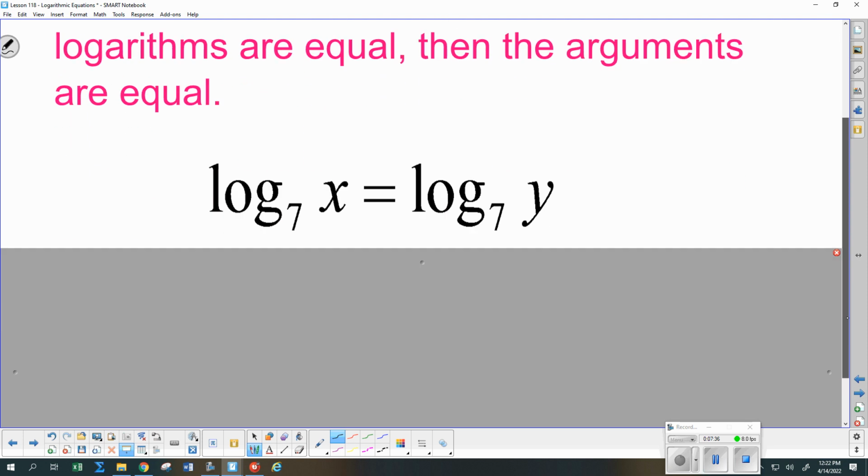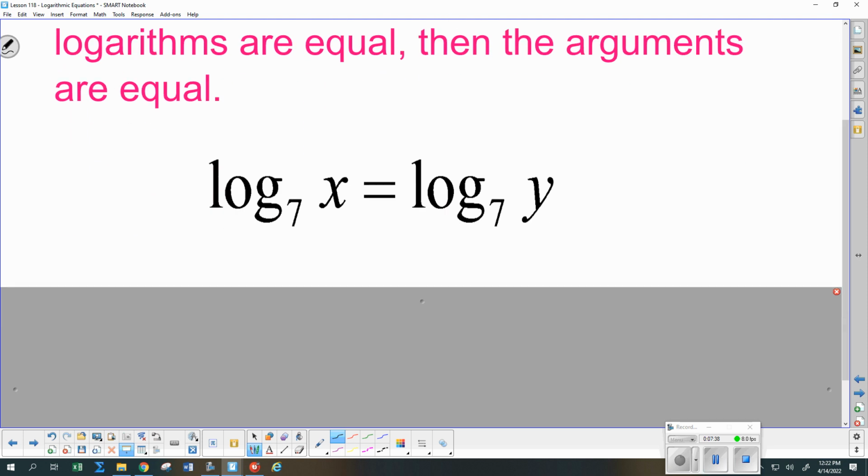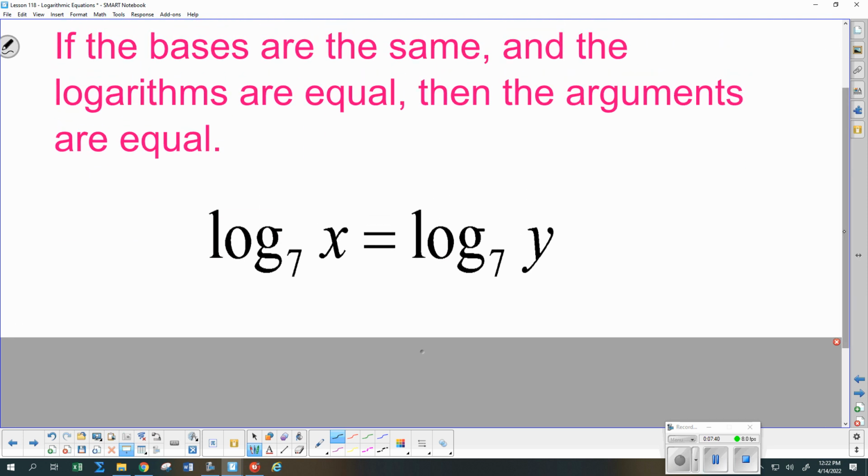So if I have something like this where it's log 7 of something equals log 7, once I get it like that, if the bases are the same, I can simply say that means the arguments have to be equal, x equals y. That's why it's going to help me to get to that step, because I can get the logs out of there and get something I can solve.